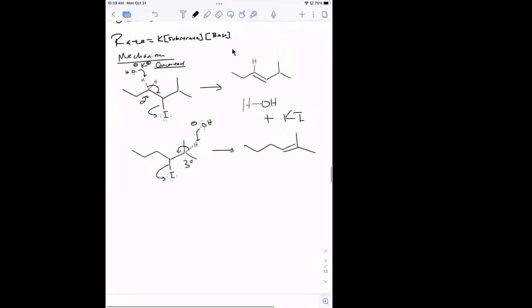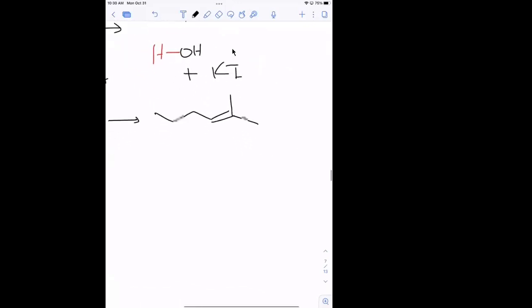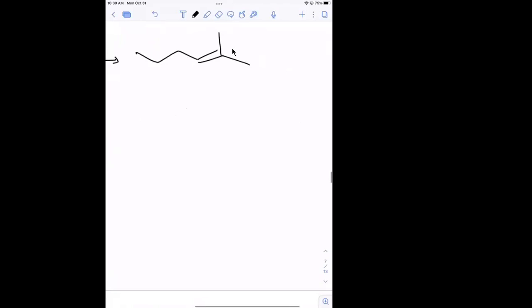That's the preference. It can work on primary too, but tertiary and secondary work better because you get more substituted alkenes. Let me just go through the alkene substitution paradigm, and then we'll come back and talk about that.